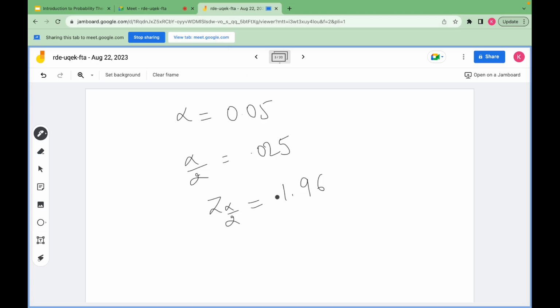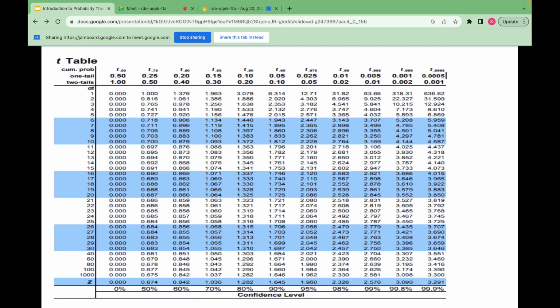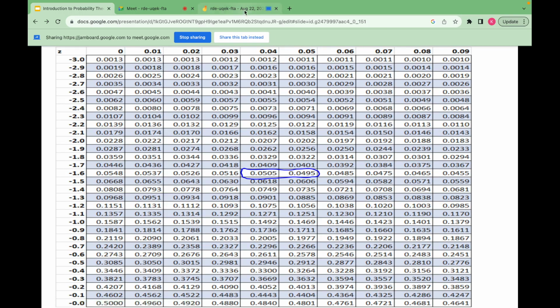It is negative, but I think we take this as a mode value, the absolute value.